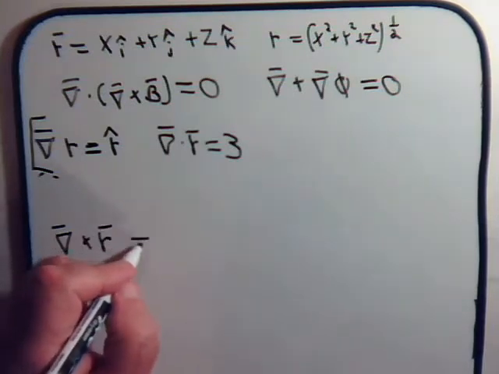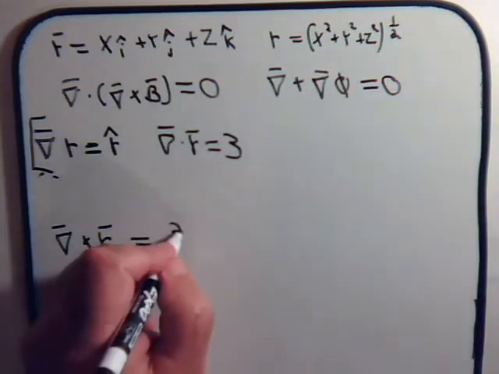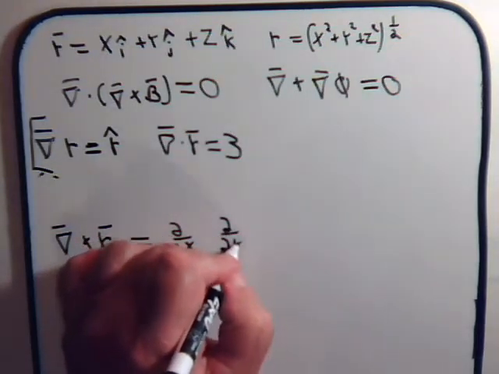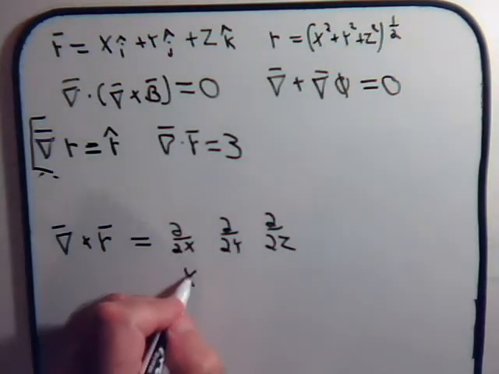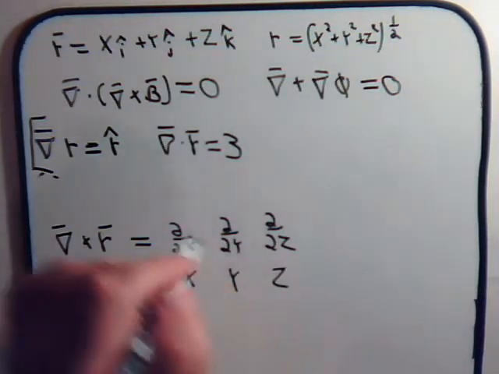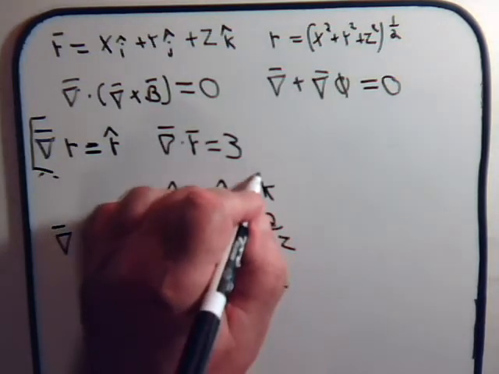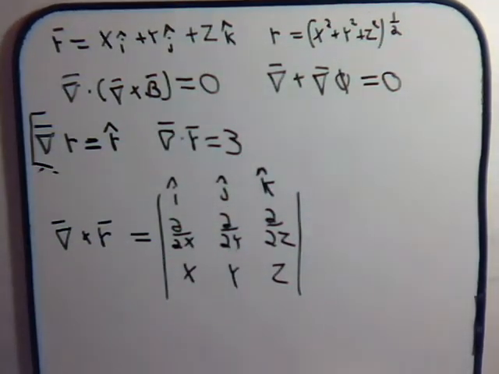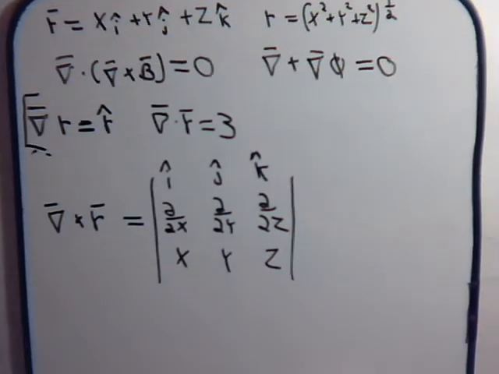And again, using the matrix definition of the vector product, that's going to equal this expression. Like this. And to evaluate this quantity, we go ahead and we expand out the determinant.